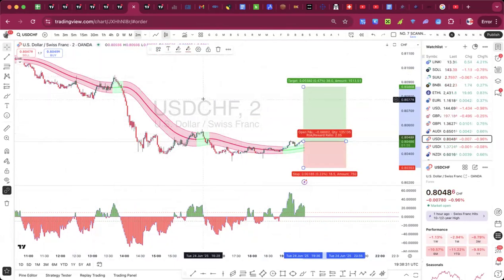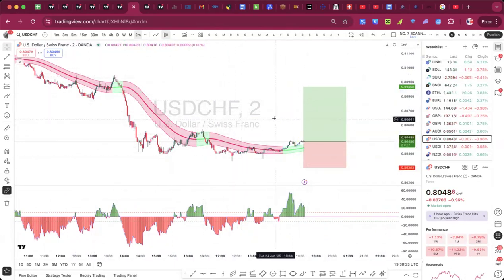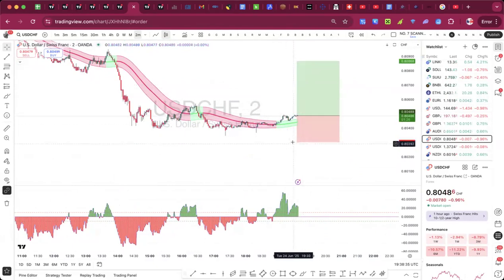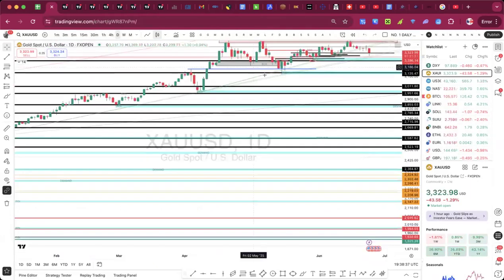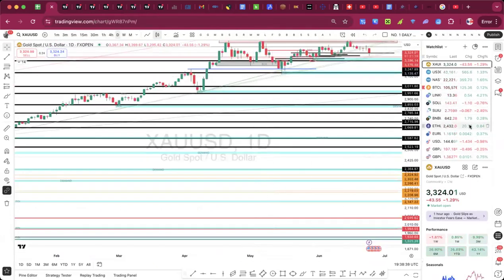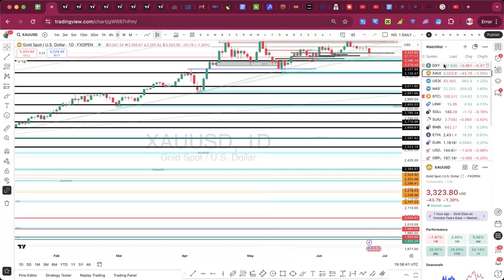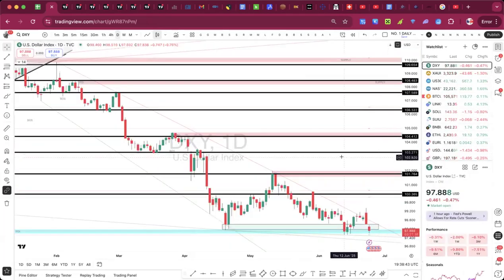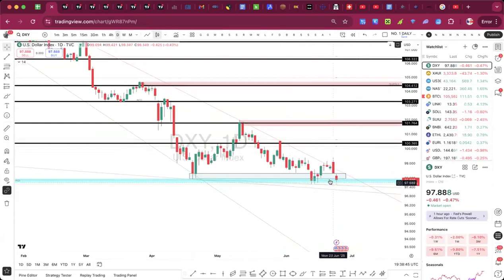This is a swing high. So except if otherwise DXY continues to get weakened, that's the only time you can probably make it. Because look at it, we're having DXY to have a support here.